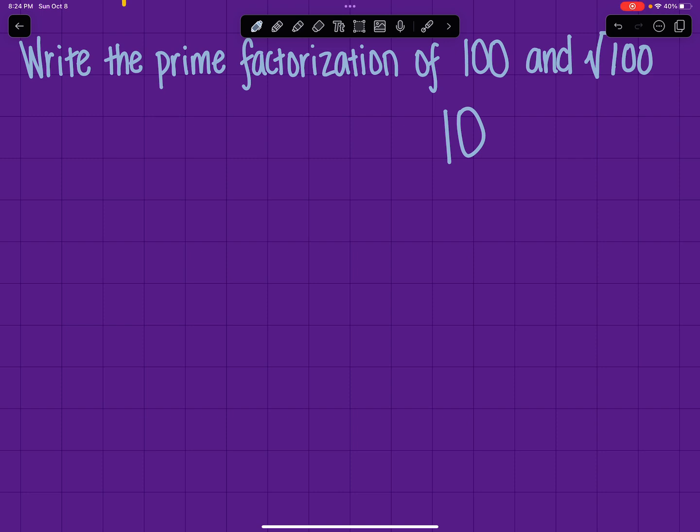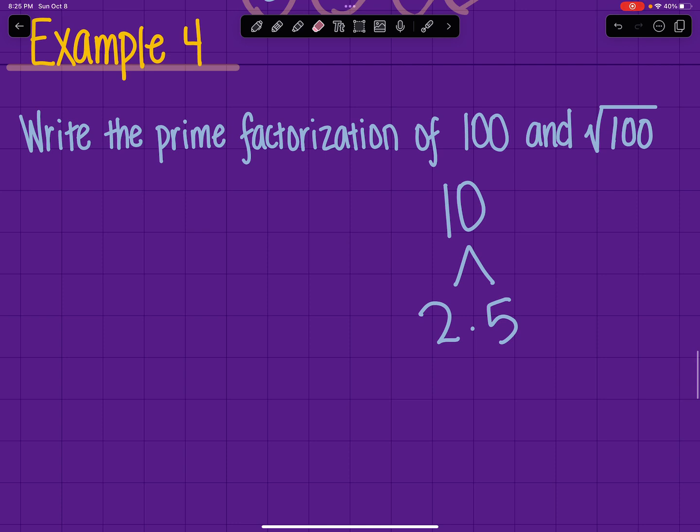That's actually way easier than it seems. It's just 2 times 5. And that makes sense. The reason they had you do both of those is because the square root of 100 and 100 basically have the same factors, but this one is just half as much.